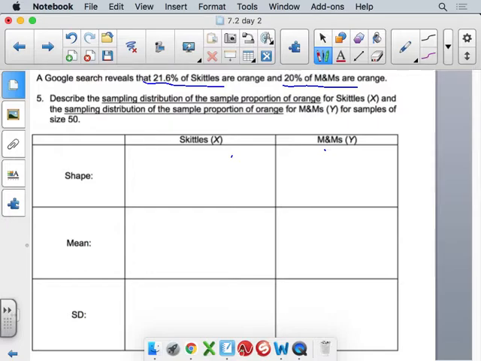And so the shape, I realized I screwed up on the worksheet that I gave y'all that is due tonight or tomorrow, like Tuesday or Wednesday. To check for shape, we want to see if it's normal. You do n times p, n times 1 minus p, greater than or equal to 10.